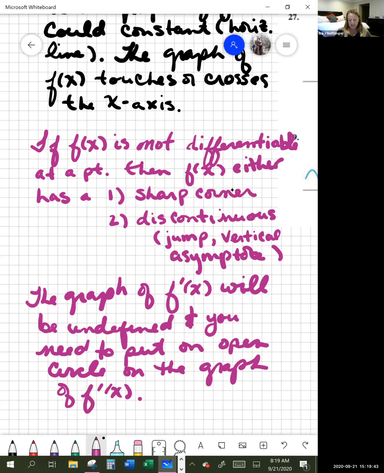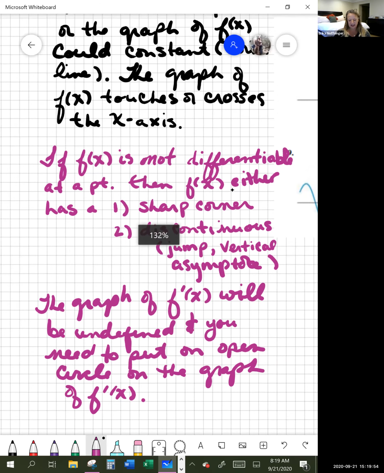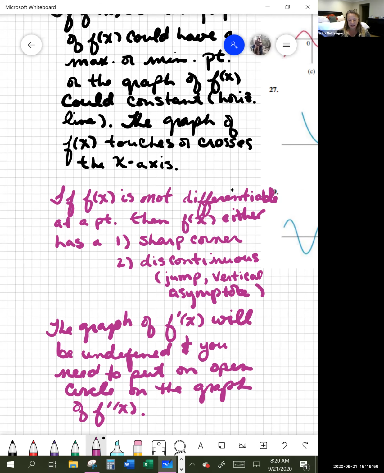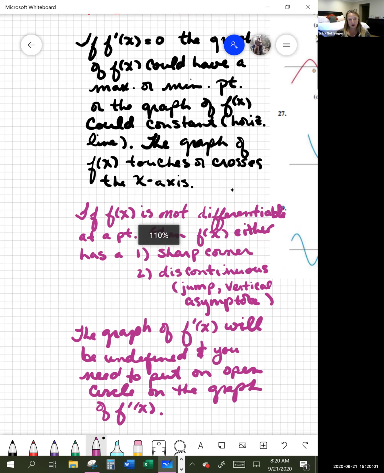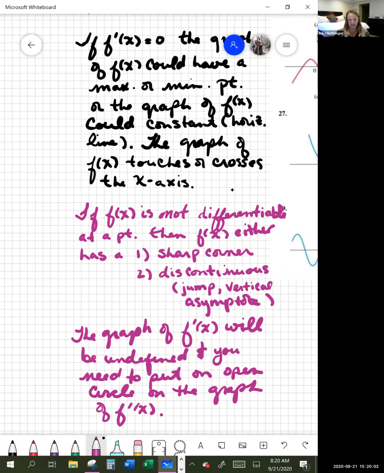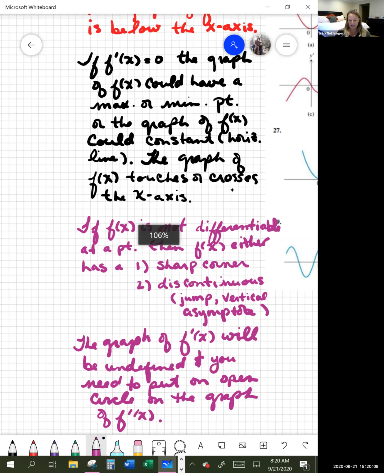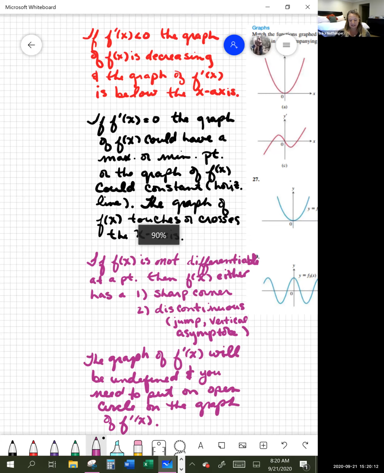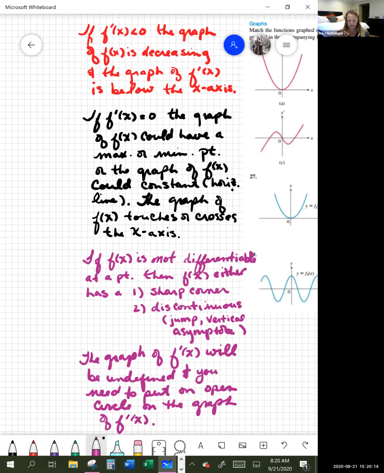Okay, so these are just ways to help us get a picture of what our derivative function would look like given the graph of f of x. We're looking at where our graph is increasing, and where it's increasing, we know that the graph of the derivative function is going to be above the x-axis. We're going to look at when our function is decreasing, and we know when we're graphing the derivative function, at least that piece has to be below the x-axis.